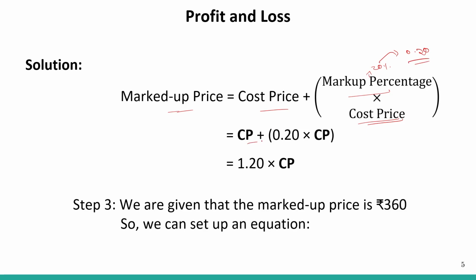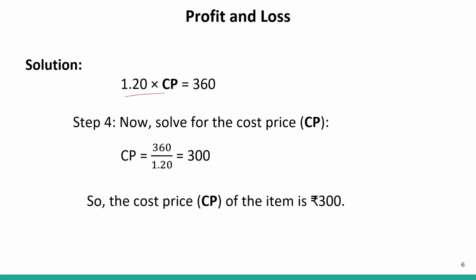So 1.20 into CP will be the final price. So it will be 1.20 into 360 rupees. So now 1.20 into CP is equal to 360 rupees.